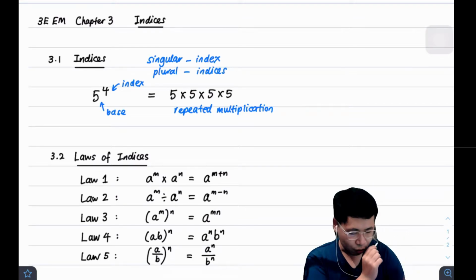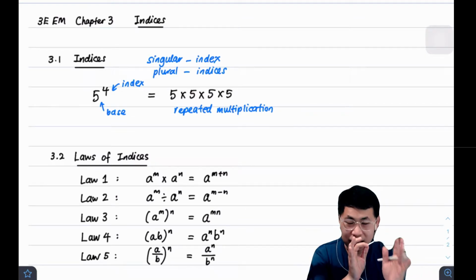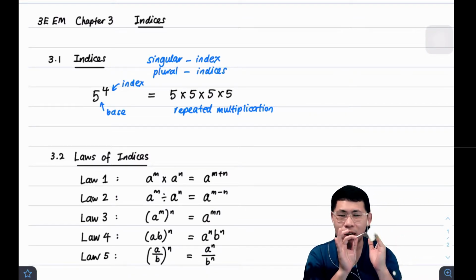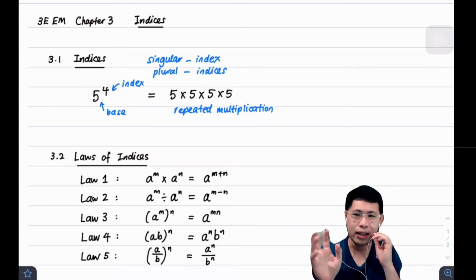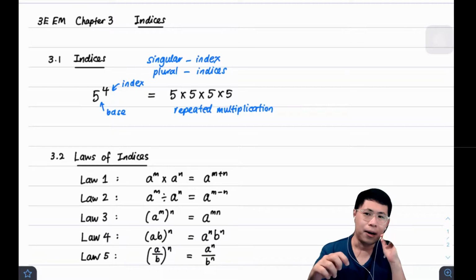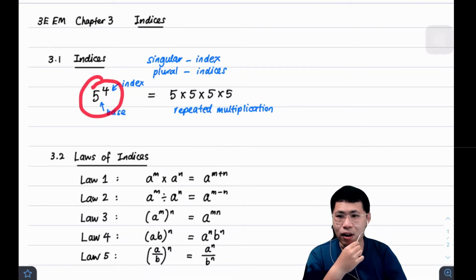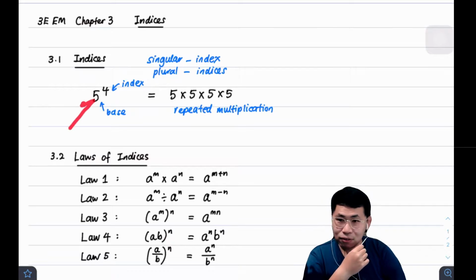So first and foremost, let us take a look at the meaning of an index. For the singular we call it index. The plural form is indices. For example, let's take a look at this example over here. We have 5 to the power of 4.